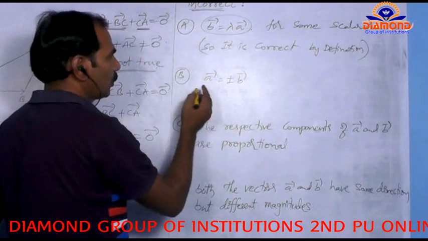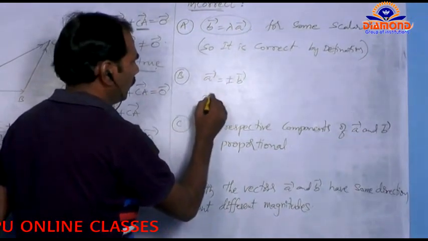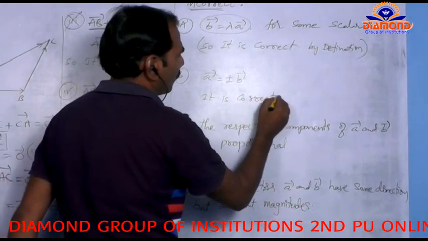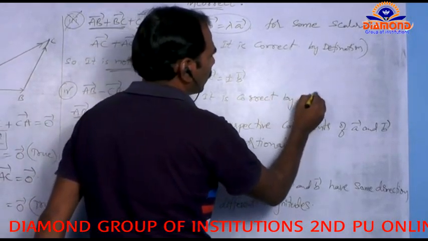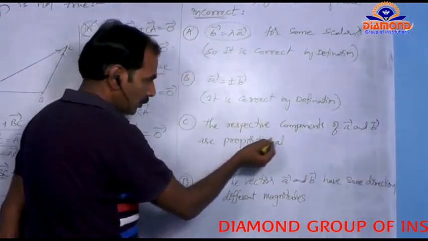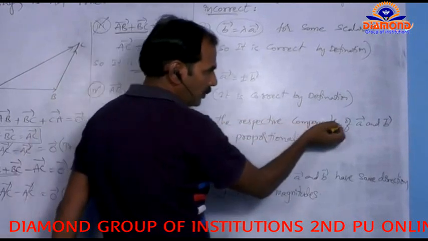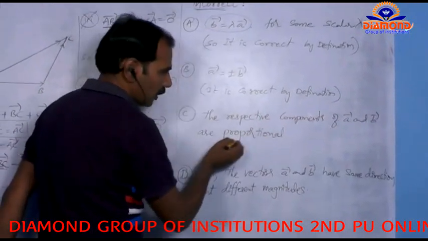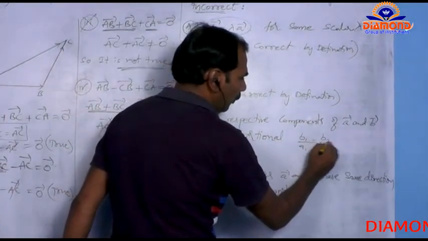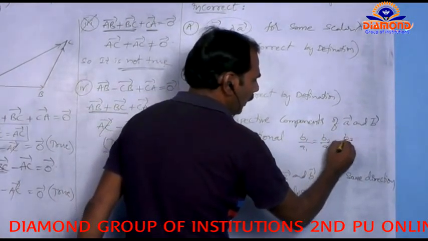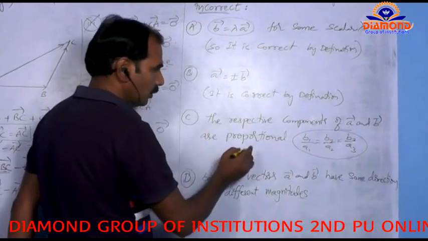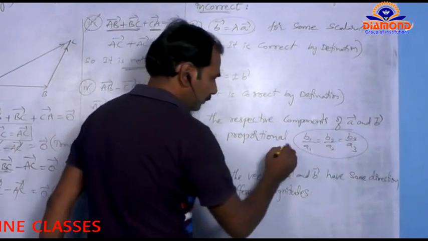The respective components of A bar and B bar are proportional, meaning B1 by A1, B2 by A2, B3 by A3. So it is also correct.